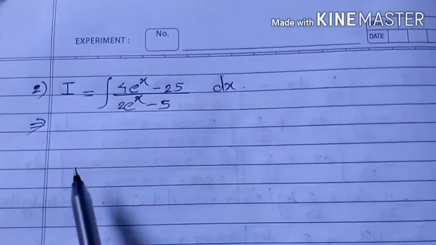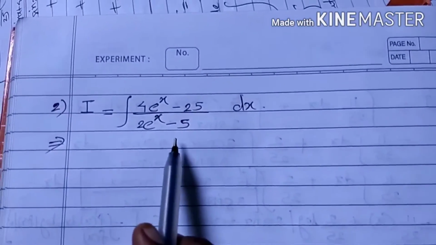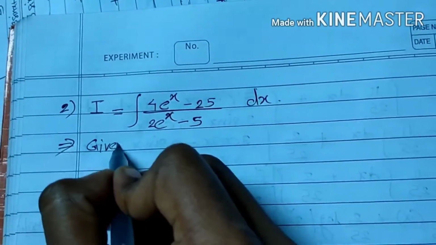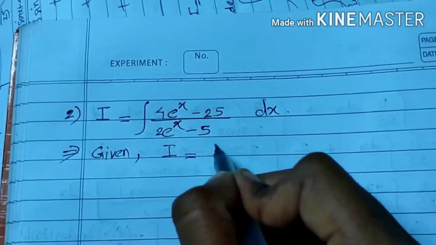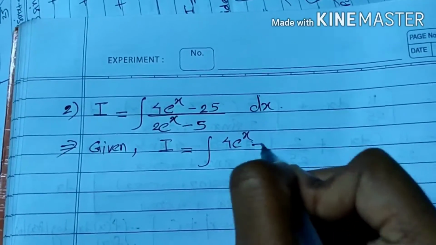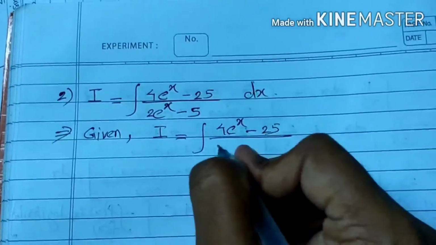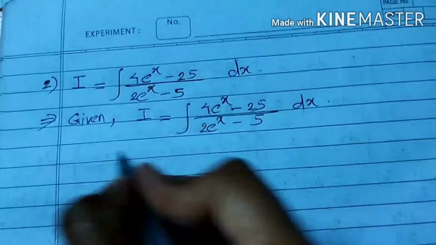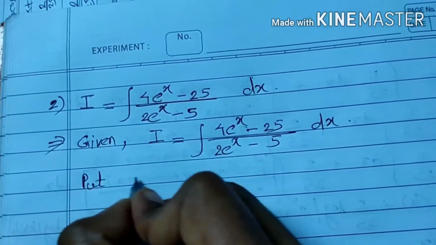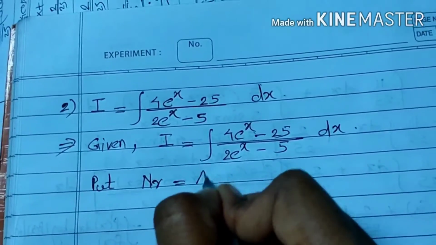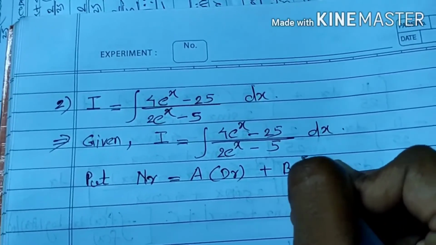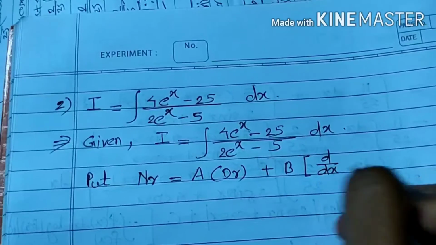Now here is another example of the same type. So first write the given: I is equal to integration of (4 e raised to x minus 25) upon (2 e raised to x minus 5) into dx. So put numerator is equal to a into denominator plus b into derivative of denominator.